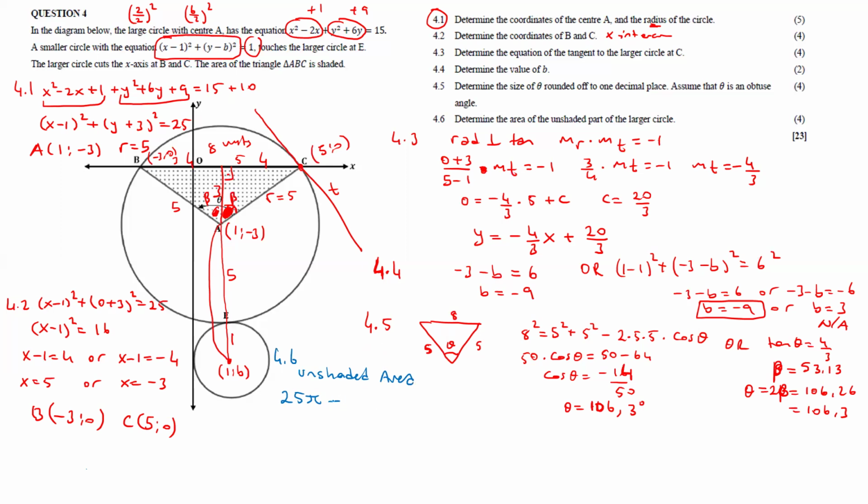That will be 1 over 2 times base 8 times height 3, so 25 pi minus 12. If you use your calculator, that's going to be 66,54 square units.